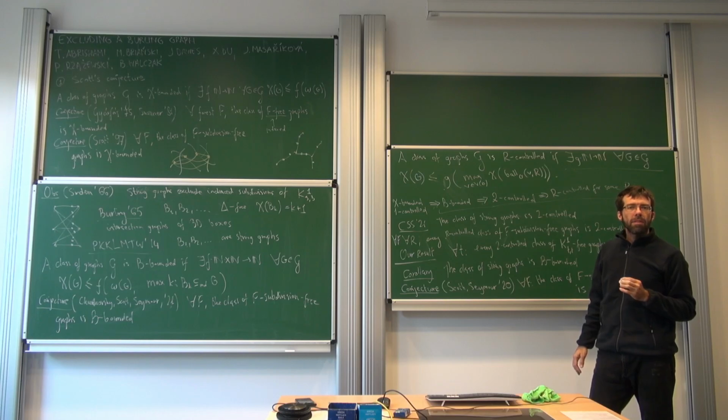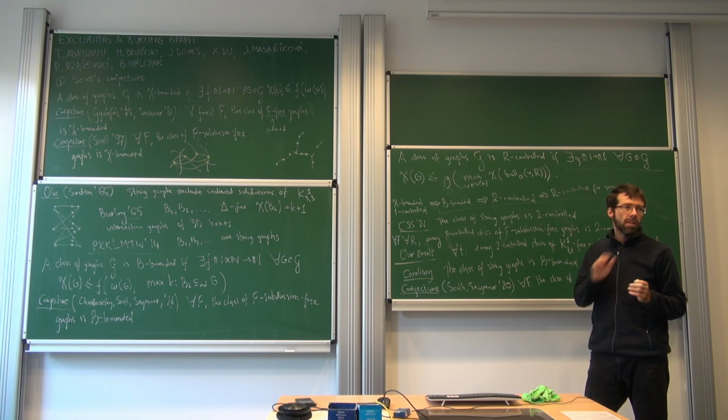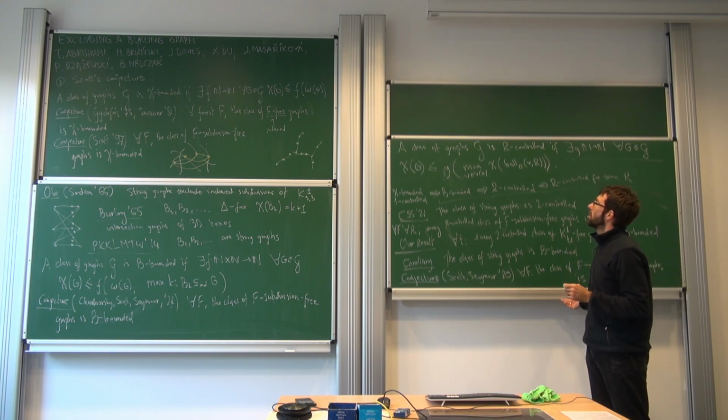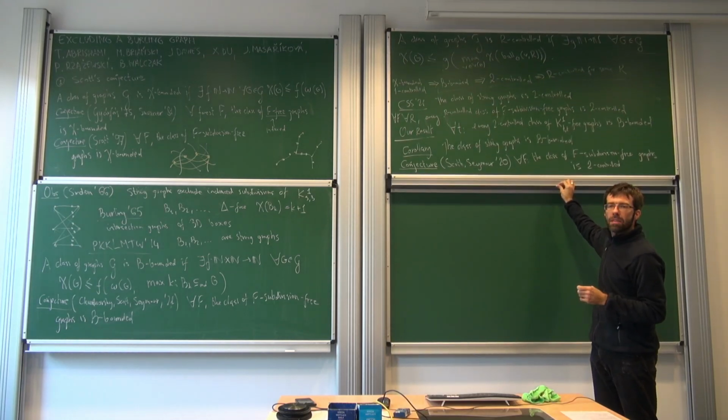I think they are known to not contain arbitrarily large Burling graphs as induced subgraphs. I believe that's the case. Is there no separation between two-controlled and three-controlled? No, I don't know of any separation.